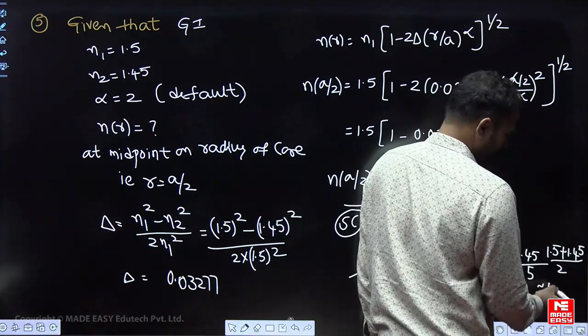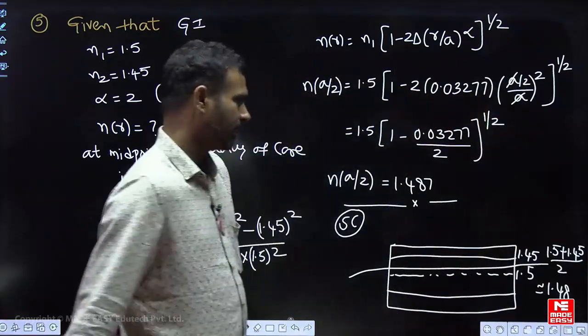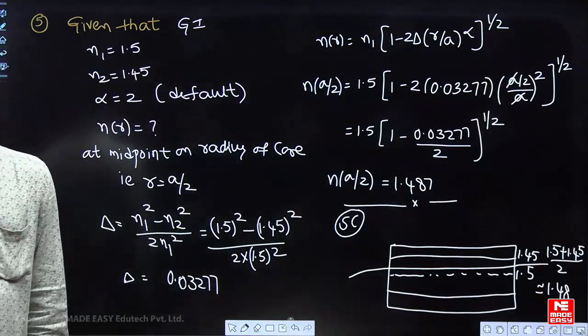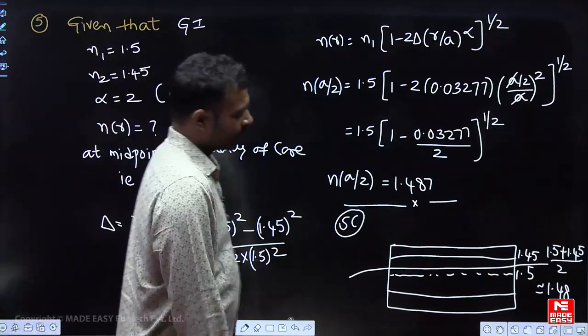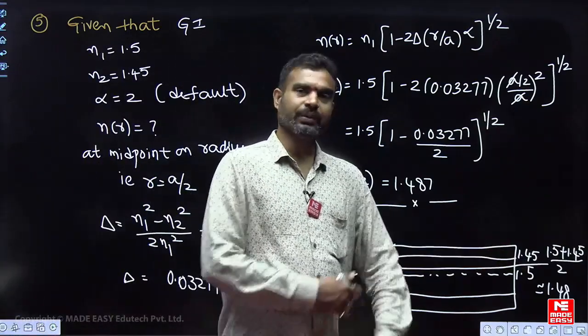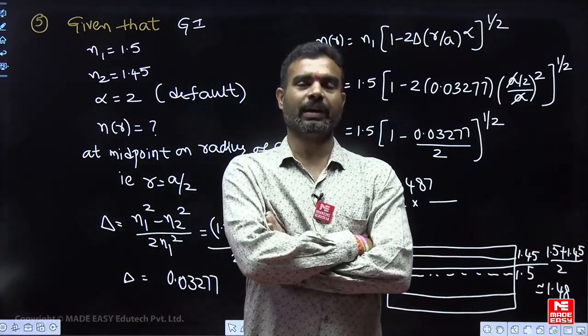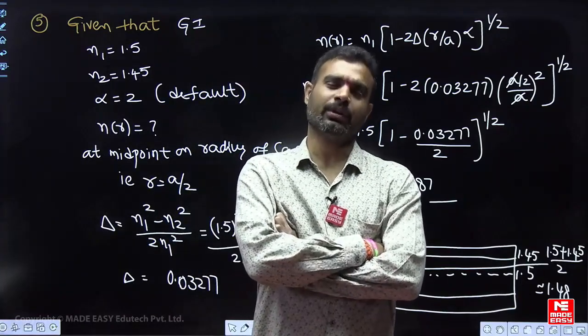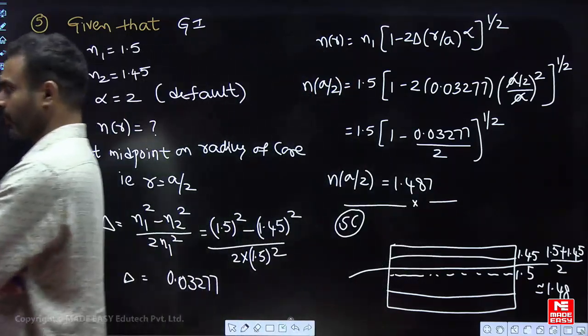The approximate answer you get is 1.48. That is how we can solve the question without doing all these steps when it is asked in the prelims. You can just take an average of those two refractive indices. At the center you will get a value close to the refractive index, not the exact value, but a close value.